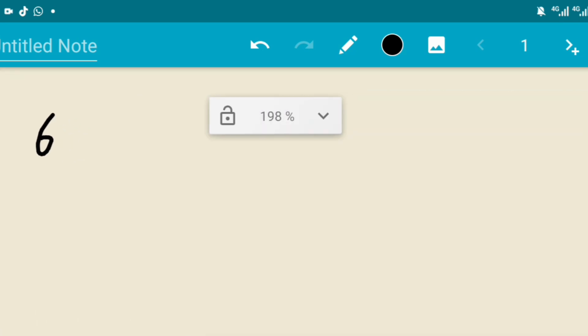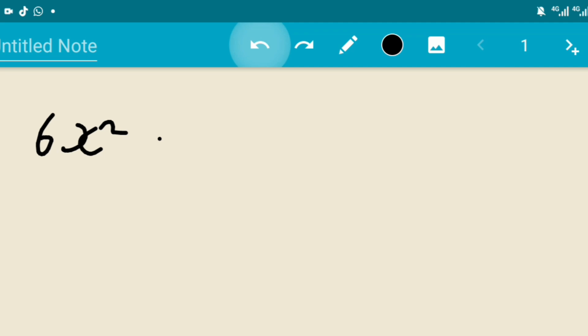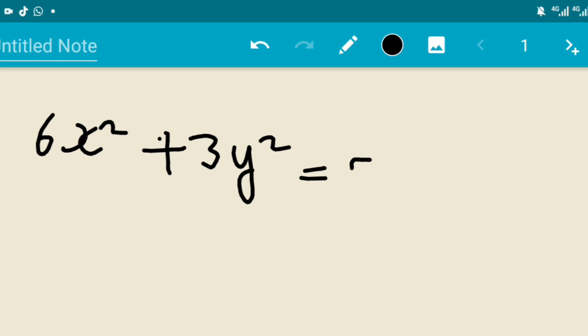It is 6x squared plus 3y squared is equal to 54. Remember what we discussed last time. Whenever you're dealing with an ellipse, you always need to have a 1 here.